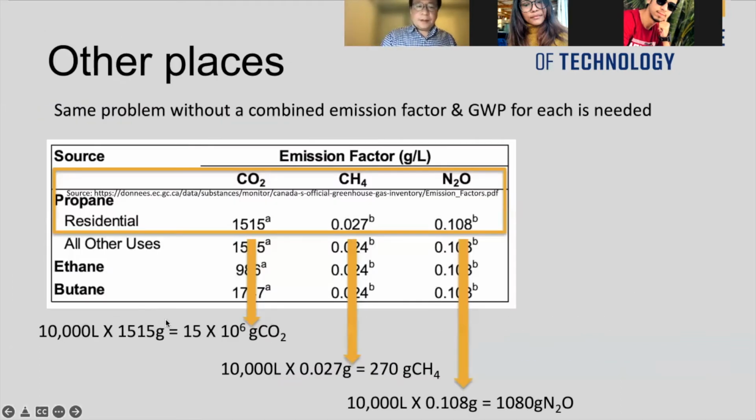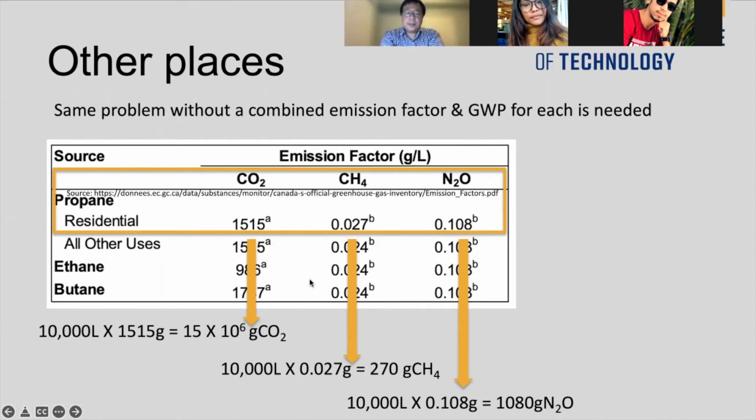So let's see one more example. This time 10,000 liters of propane is consumed. And we know that for carbon dioxide, the emission factor is 1,515.